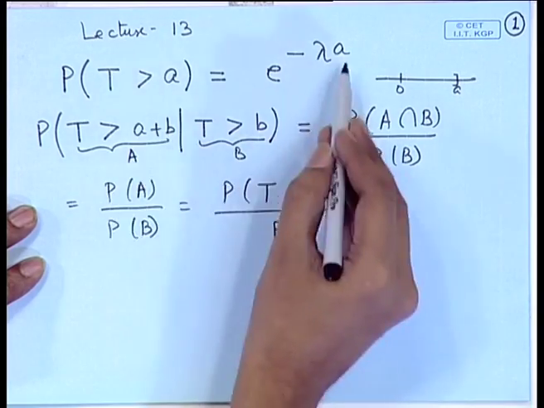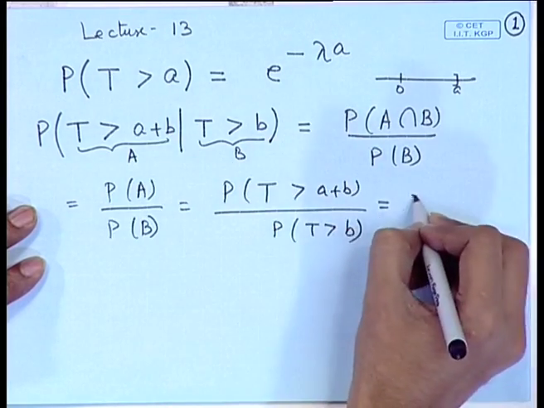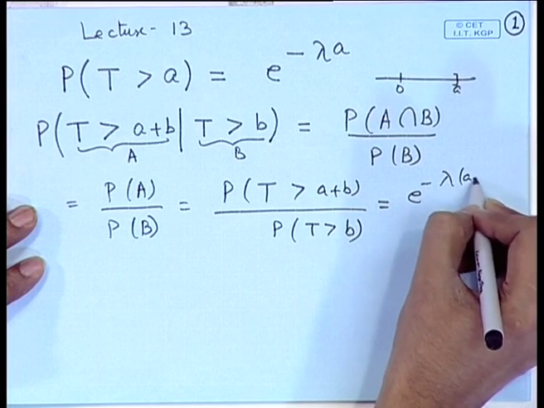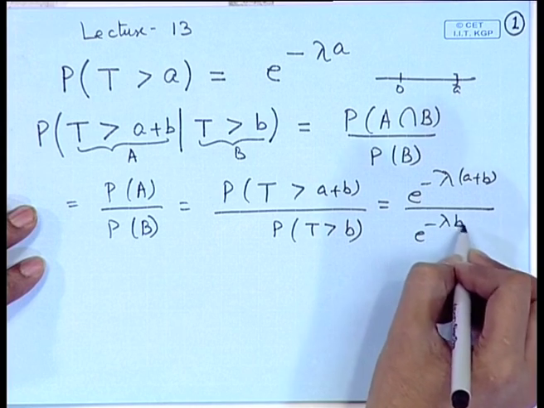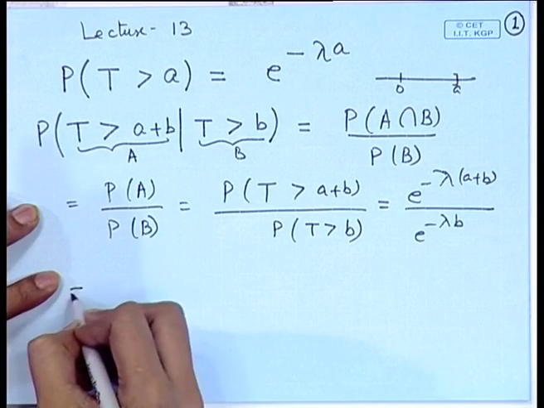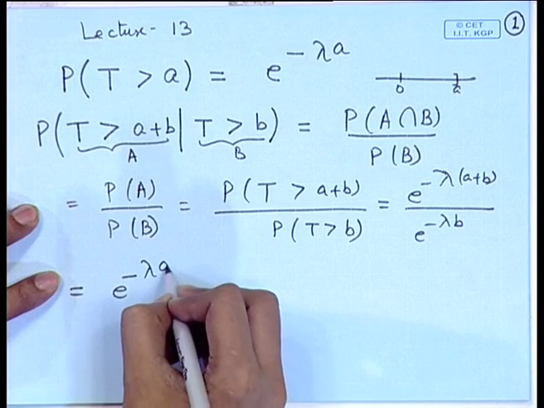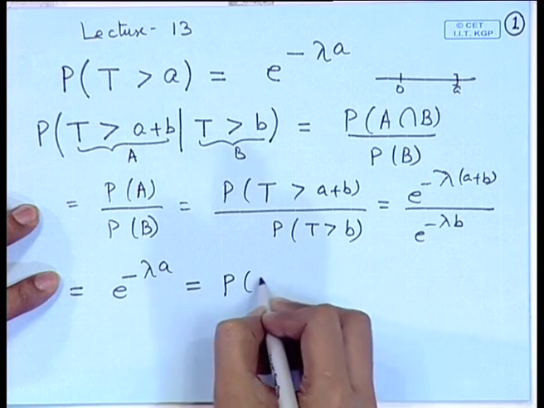By the formula that we have developed, this becomes e to the power minus lambda (a plus b) divided by e to the power minus lambda b. After simplification it becomes e to the power minus lambda a, which is nothing but the probability of T greater than a.